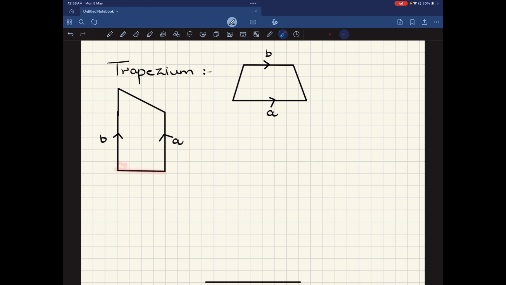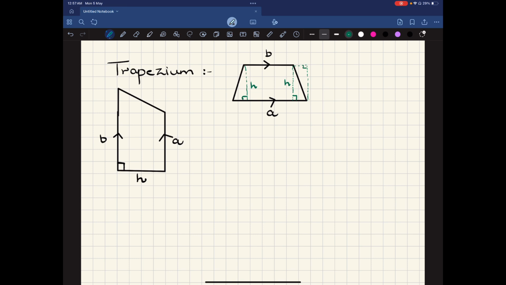So for example, if this is 90 degrees, then this is going to be the height. Okay, in this case, the perpendicular distance between the two parallel sides is going to be the height. So it can be given anywhere.